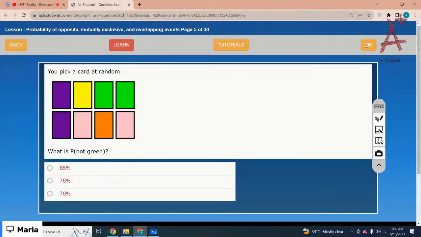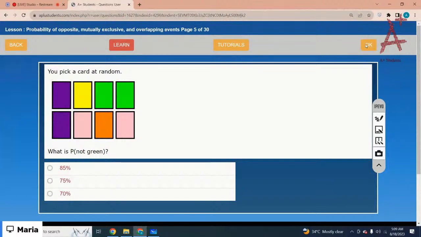You pick a card at random. What is the probability of not green? Which is the correct option? 2 of the cards are green, right? 2 out of 8 is the probability of green.